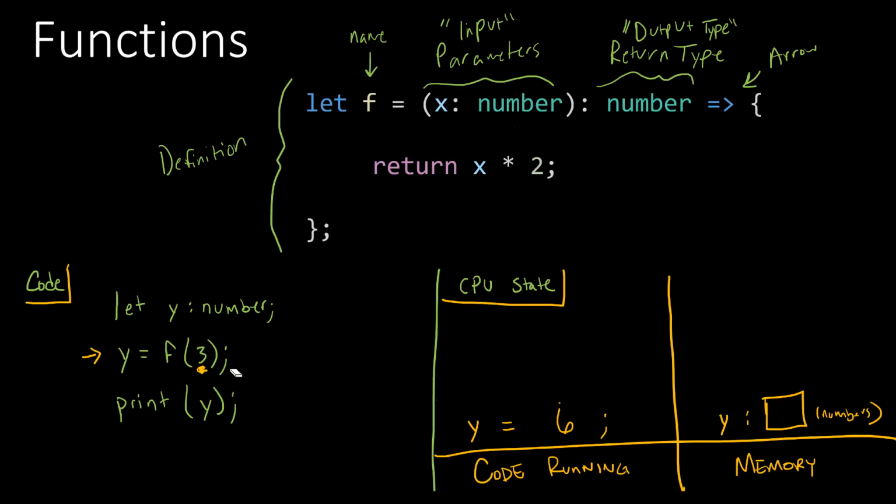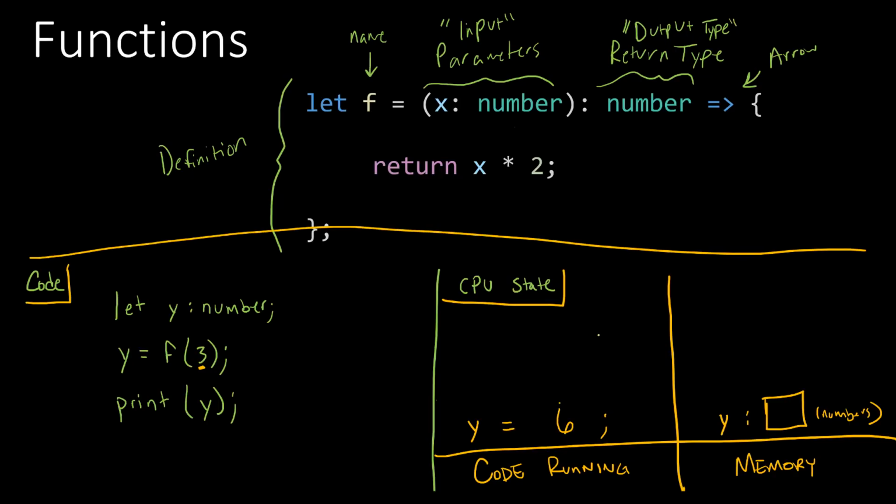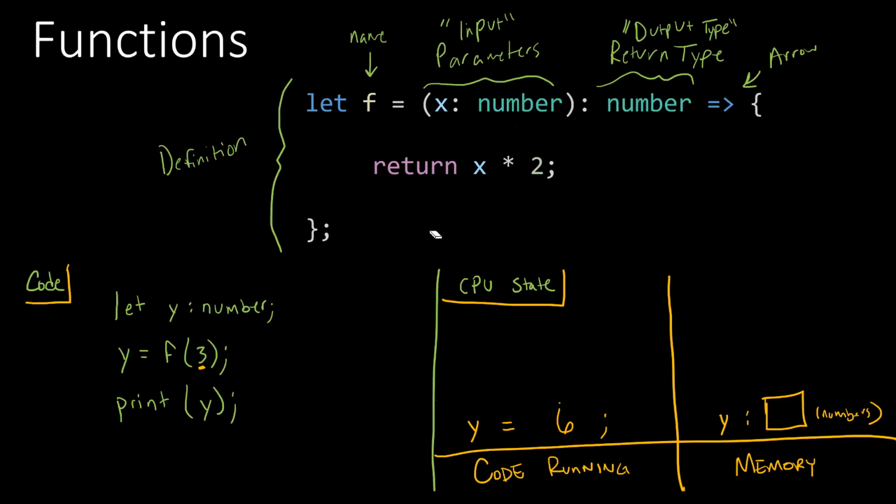All right, and so now the computer has simplified its assignment statement down to y is assigned 6, and we can store 6 in the y variable. Right? That line of code is now completed, so we're ready to move down to the next line of code. So the line of code that the computer is going to process next is print y.